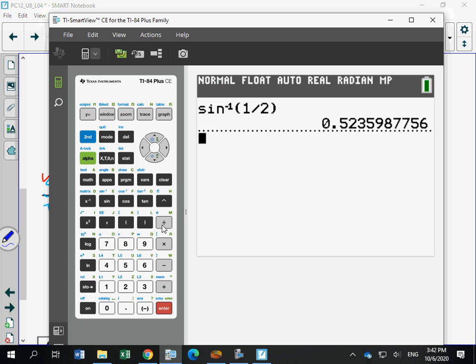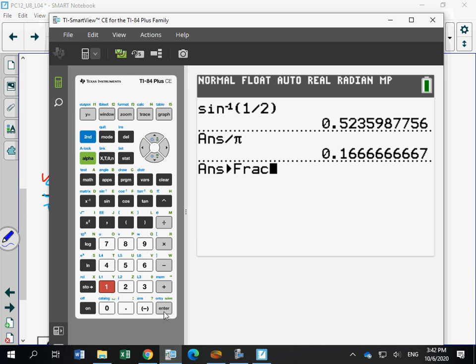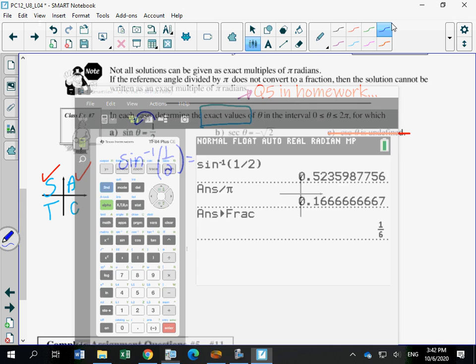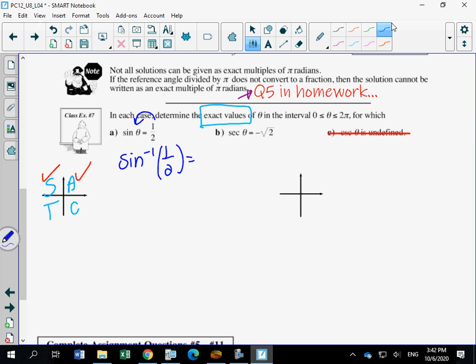So you take that number and divide it by pi, and then convert this answer to a fraction. Our answer is 1 pi, or pi over 6 radians. So pi over 6 is equal to my reference angle.